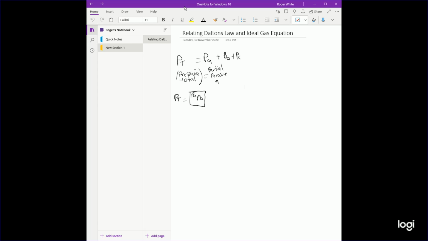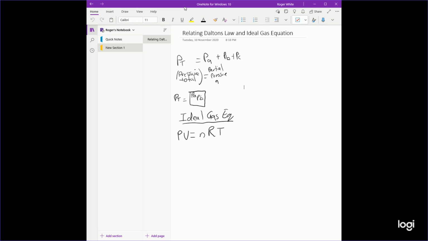So what about the ideal gas equation? With that one, it is PV equals nRT. Now when I first looked at that, I thought, my God, that looks a bit scary, but it's actually not too bad.